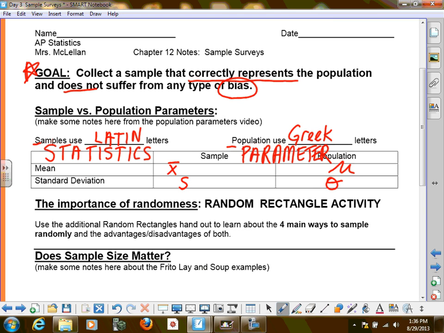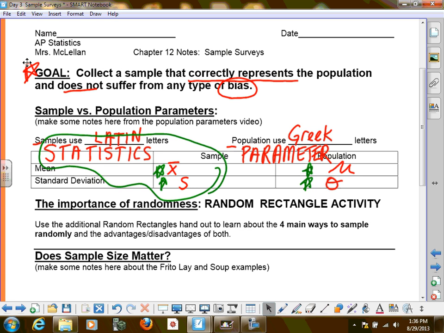Not that I'm expecting you to have those memorized. The point is that statistics based off the samples have different looking letters than parameters, so you should pay attention when you read through things, because they mean something depending on what they look like.